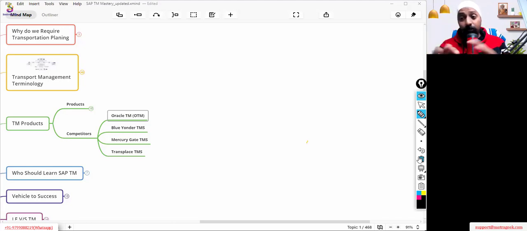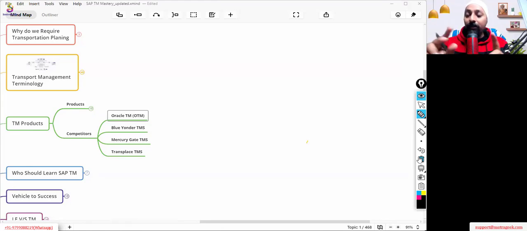That's where I say that the functional consultant market is never going to die, because as a functional consultant you will become very strong in the business processes. When you know the business processes, whether it's any ERP tool, 80% of things are the same. 80% of business processes are the same. The way the configuration is done, the way the master data is done, that is also 50-60% the same.